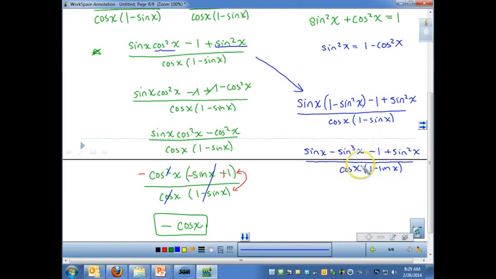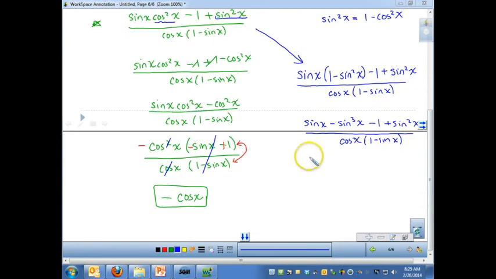Already, to me, this is looking a lot more complicated. So we can see that we have the sine cubed, and we could try to factor this out. So let's see, how would we factor this? Maybe put the sine cubed and the sine squared together, so we could factor by grouping.